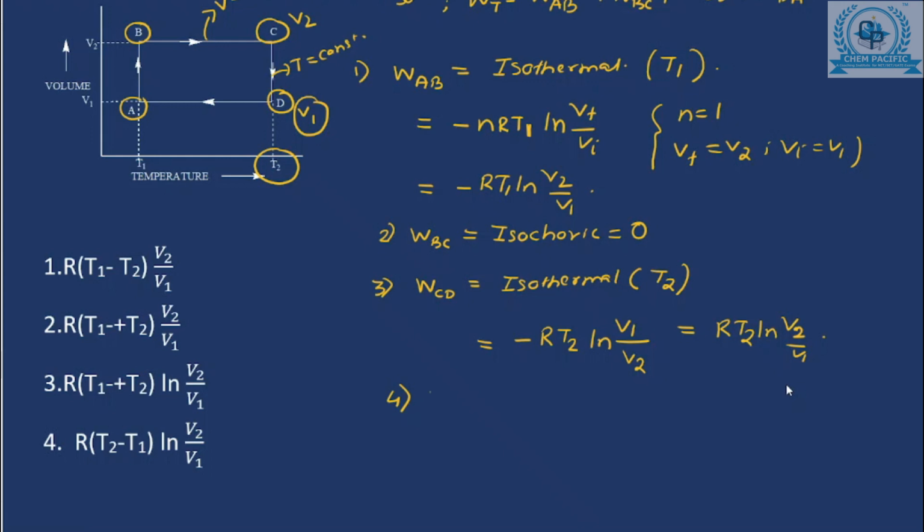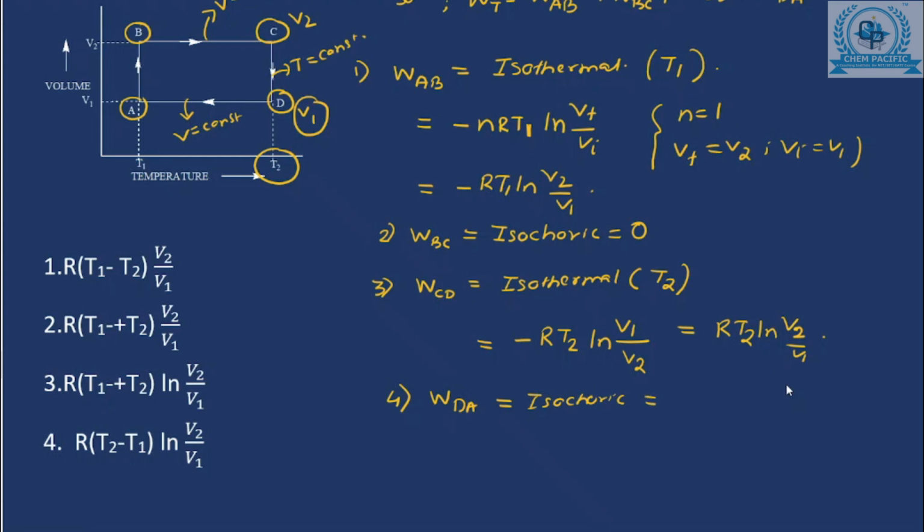द लास्ट स्टेप इज व्हाट? तो आपको CD हो गया एंड द लास्ट स्टेप इन्वॉल्व्ड इज from D to A. Again you see DA is a line which is parallel to the x-axis. It means the y is constant, and in this case V is going to be a constant. So जब V constant हो जाते हैं तो वो हो जाते हैं isochoric process.